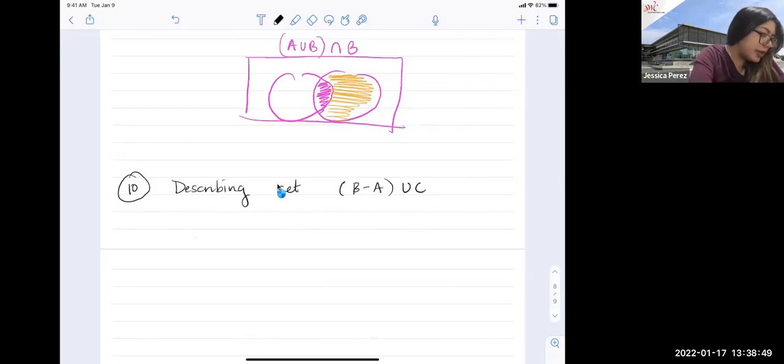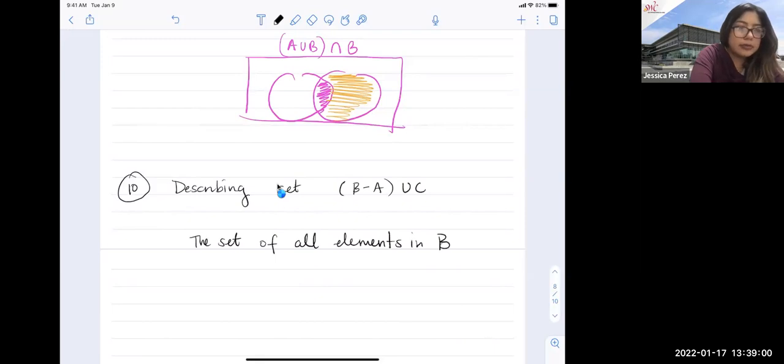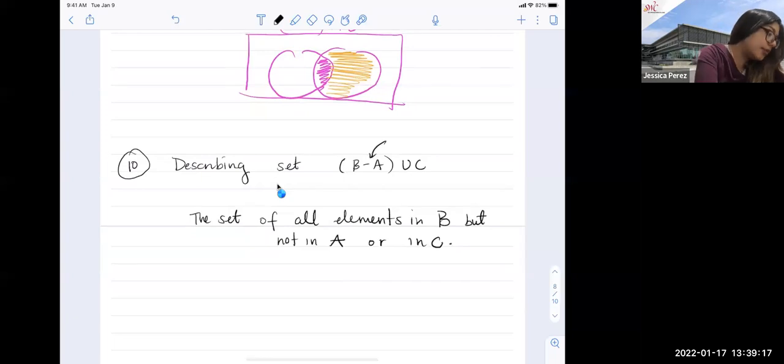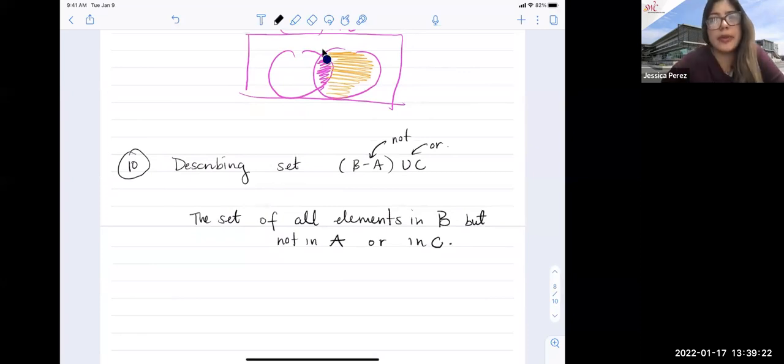Well, this means the set of all elements in B, but not in A, or in C. Okay, so this subtraction means not, this means or. All you're just doing is describing this in words. Nicely done.